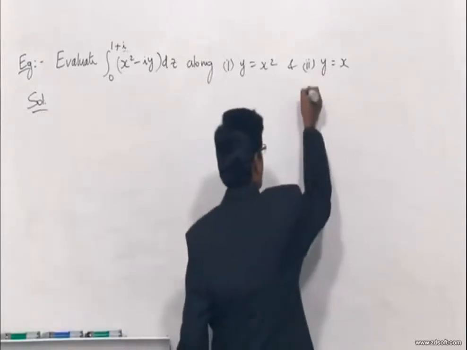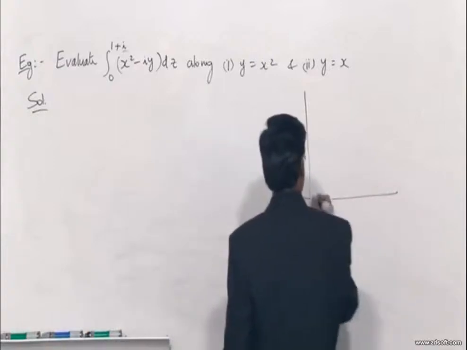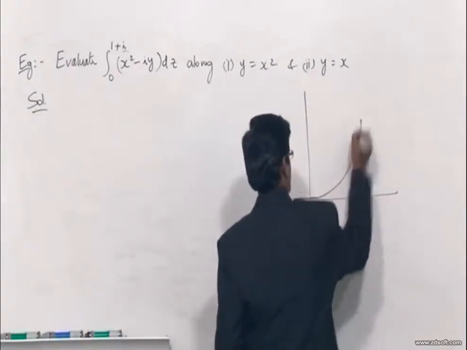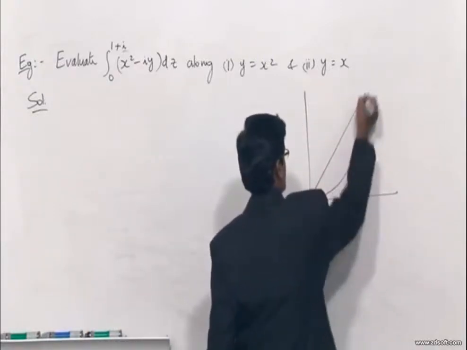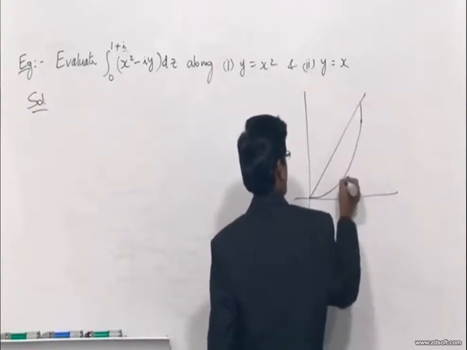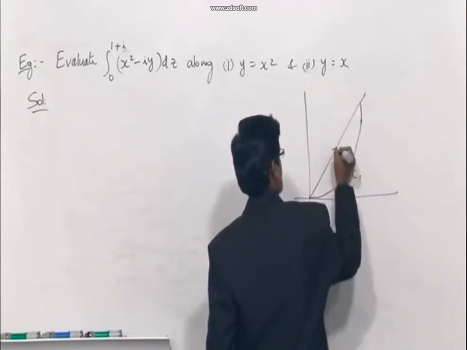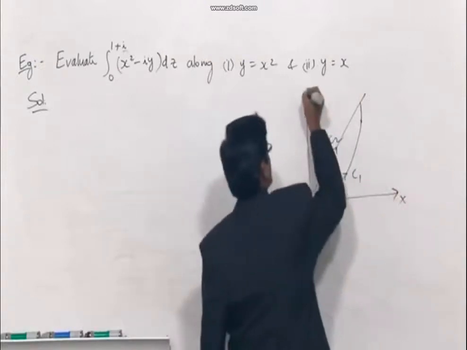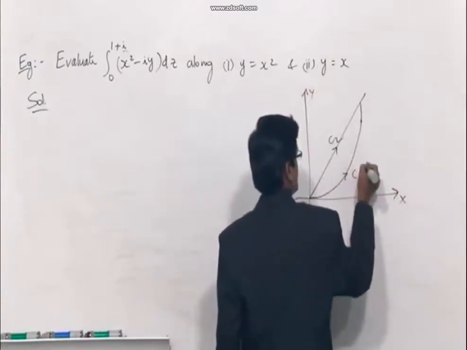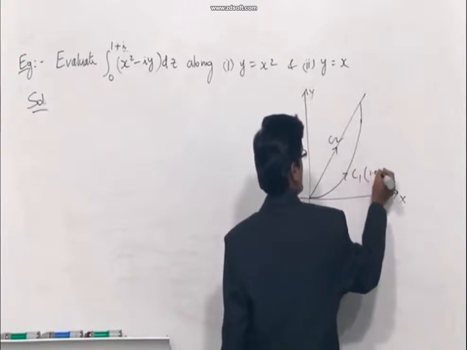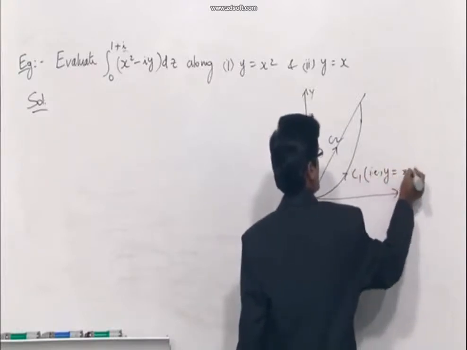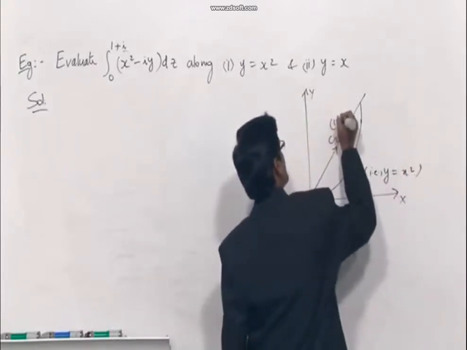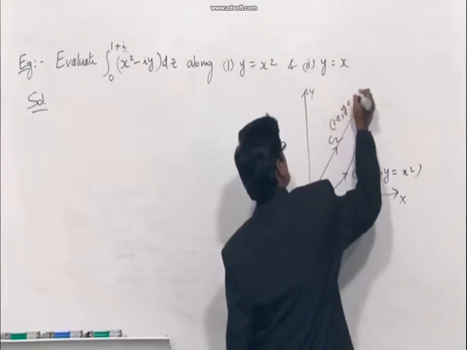The diagram tells that one is this path, other is this path. This path is C1, this path is C2. Origin, x-axis, y-axis. C1 is nothing but y is equal to x square. C2 is nothing but y is equal to x.